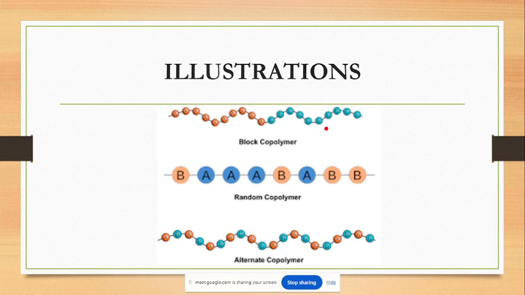So this is what we call the block copolymer. Okay. The next polymer that you are seeing here is a random copolymer. It is a random copolymer because the monomer units are not following each other in a regular pattern.